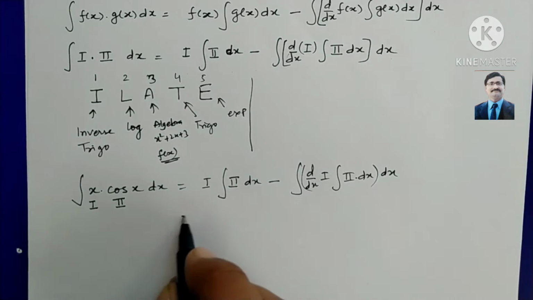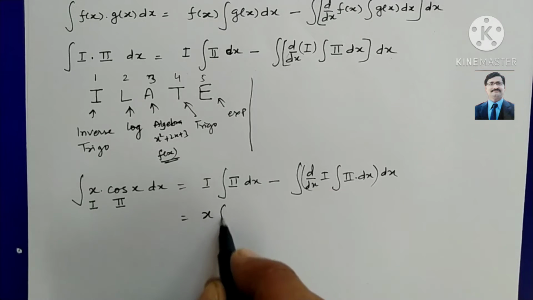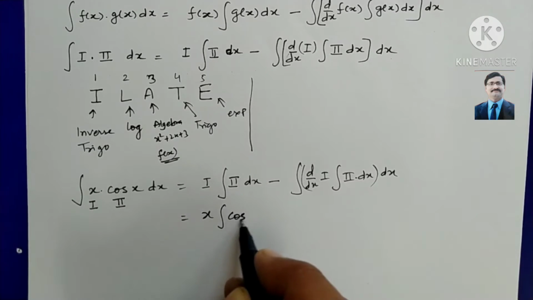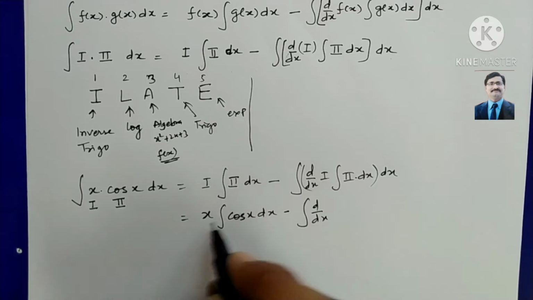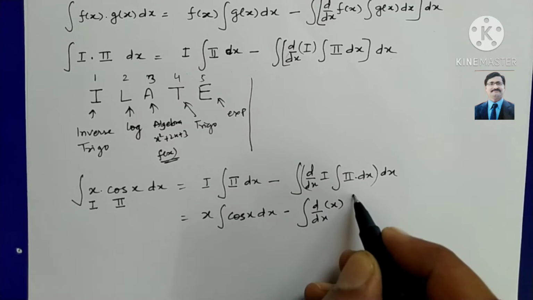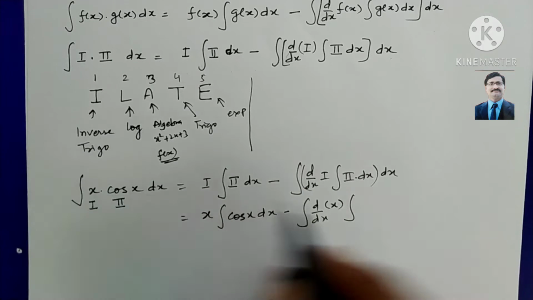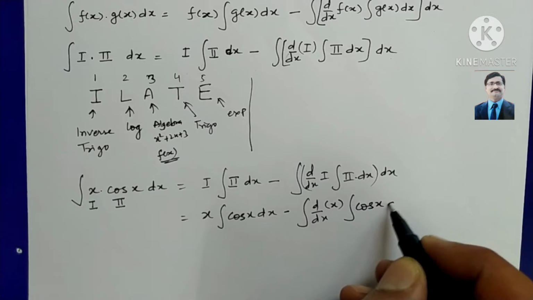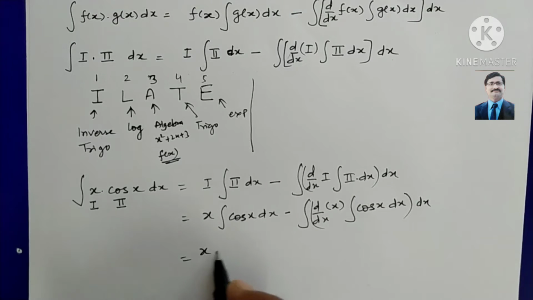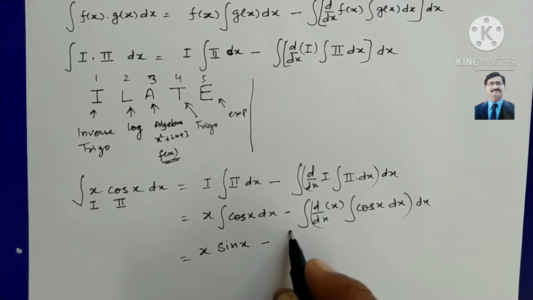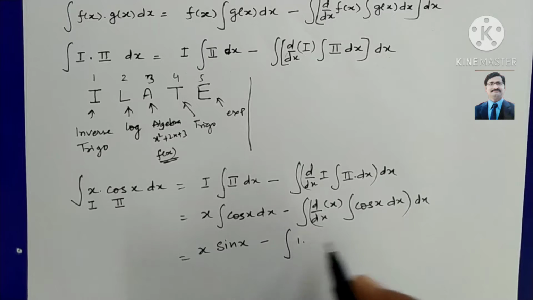Now first is your x, integral of cos x dx, minus differential of first, which is x, and second is your cos x dx, and whole dx. Do all of you understand? Now the integral of cos x is sin x, minus differential of x is 1 and the integral of cos x is sin x dx.